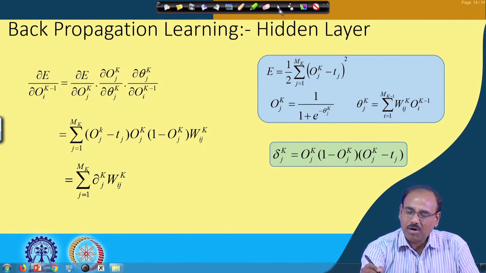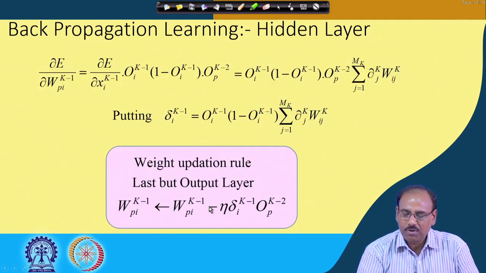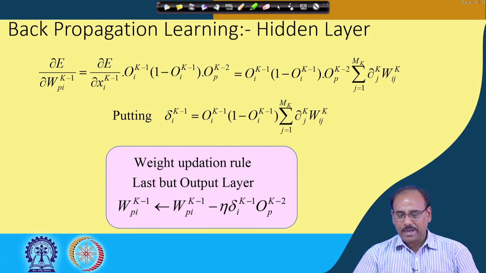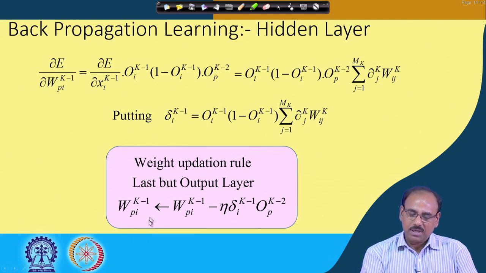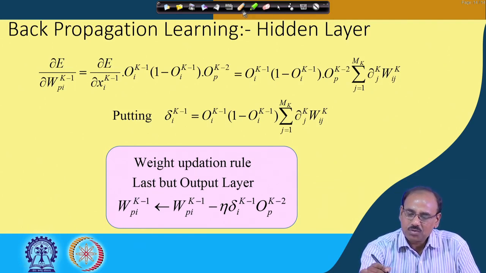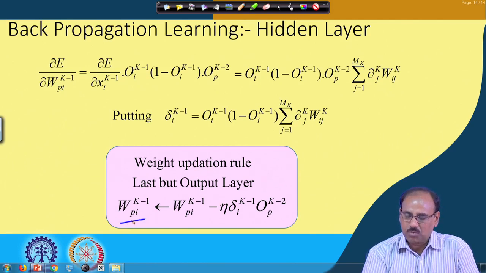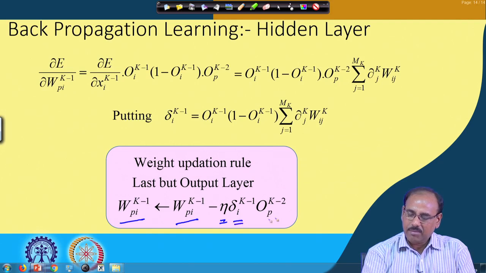Given this, our weight updation rule for the weights between the k-minus-second layer and the k-minus-first layer simply becomes W_pi^(k-1) updated as W_pi^(k-1) minus eta times delta_i^(k-1) into O_p^(k-2).